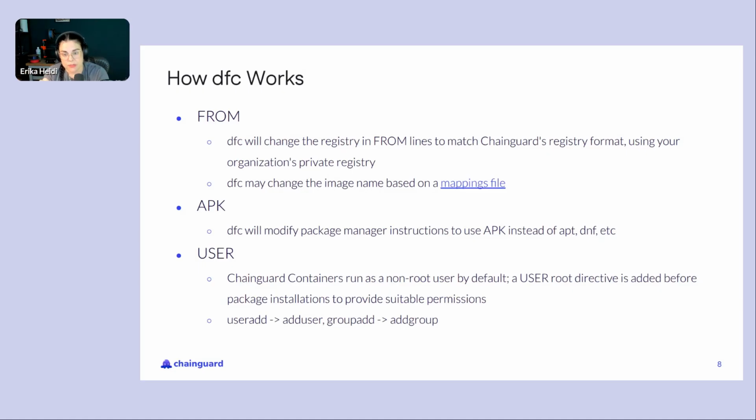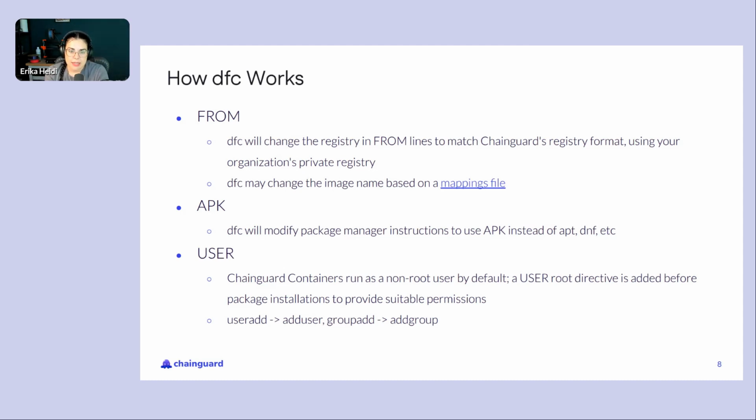Package installations. DFC will modify package manager instructions because Chainguard containers use APK, the APK package manager. For Debian base, which is a very common base image, you have APT. So DFC needs to change those lines to be compatible with APK. Also DNF, depending on your base system.